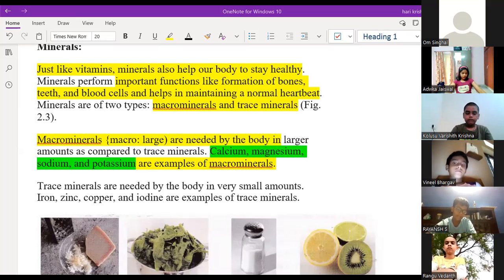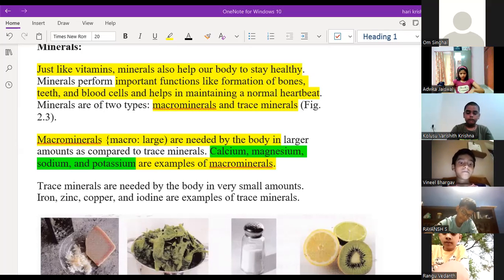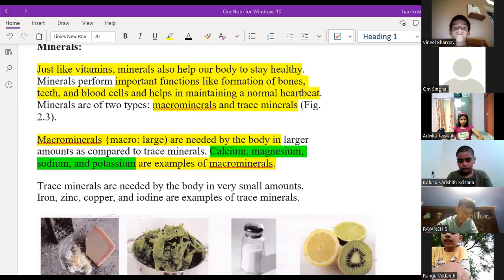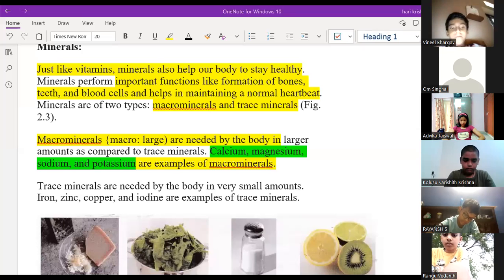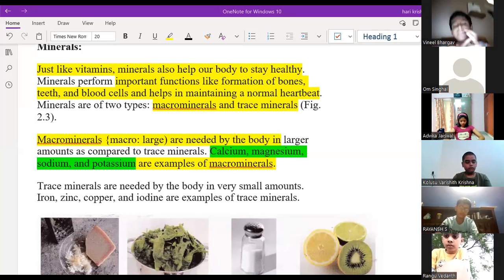Sodium is an element, so we can't give an example of it, but things which contain sodium: the most common one is common salt, sodium chloride. Whatever salt you use at home for taste contains sodium chloride, with chlorine in it. That is the main source of sodium.